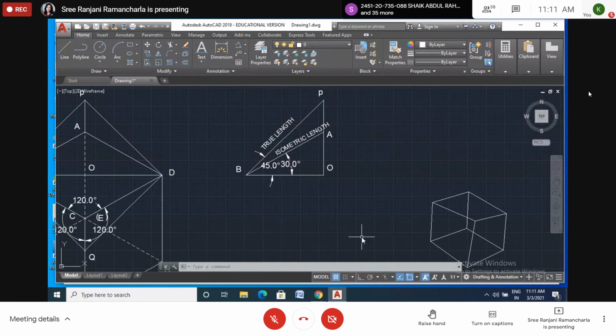Now, the isometric projection is reduced to root 3 is to root 2 is to root 3. Root 2 is to root 3. Sometimes this will be asked in Viva.